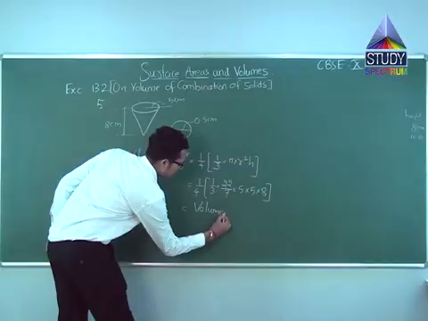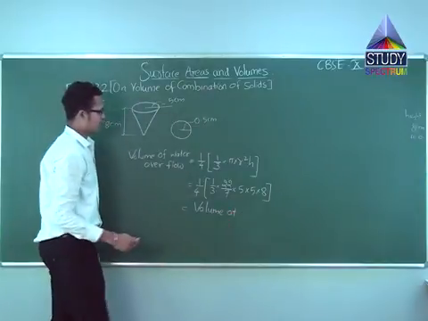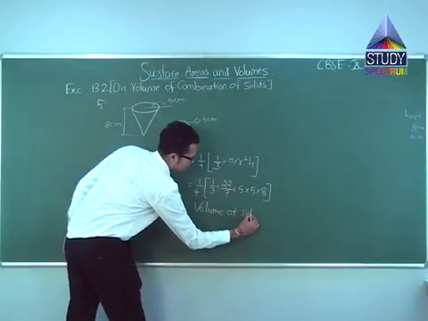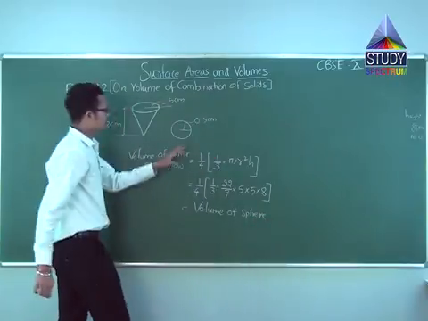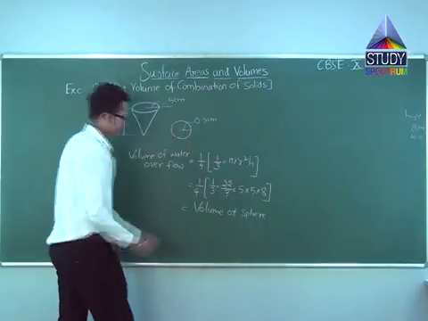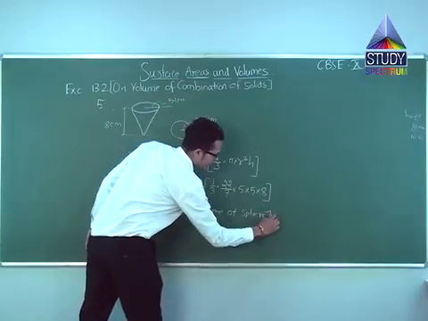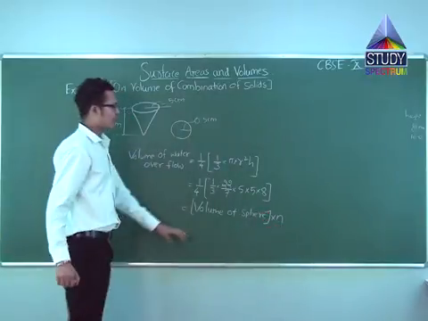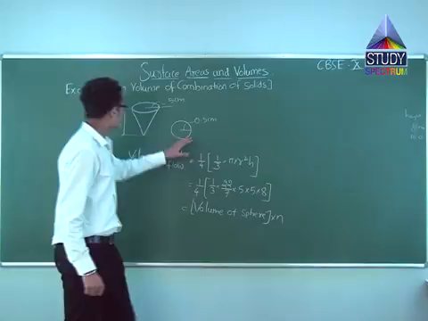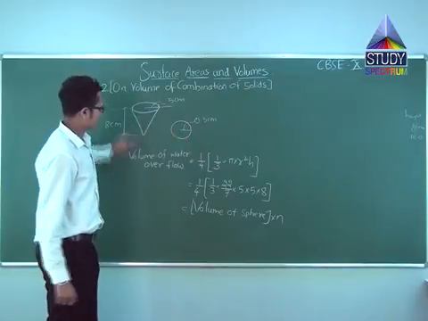So volume of sphere, these are lead shots in the form of sphere, multiplied by n. Why n? Because we have to find out the number of such shots placed inside the cone.